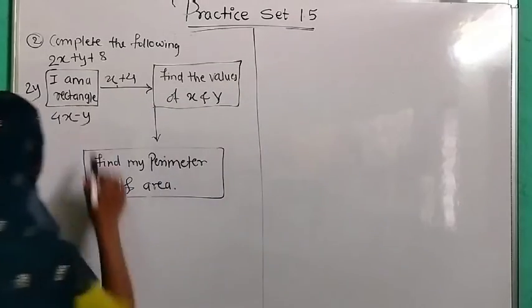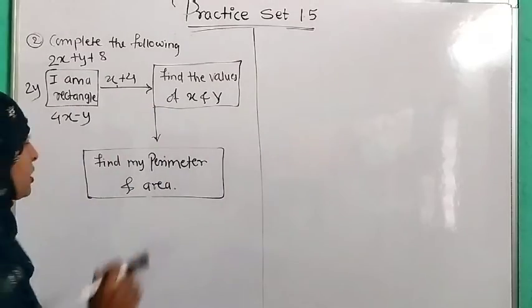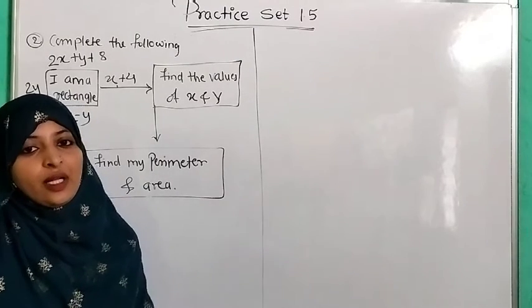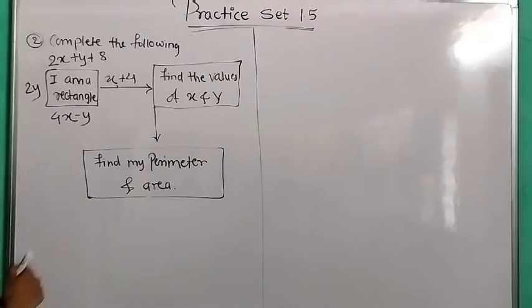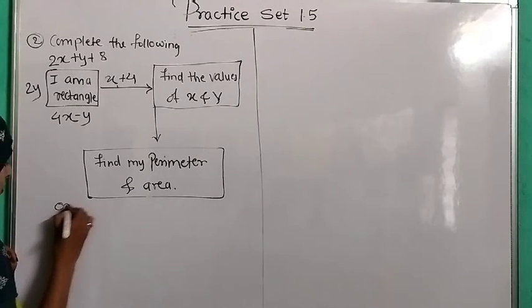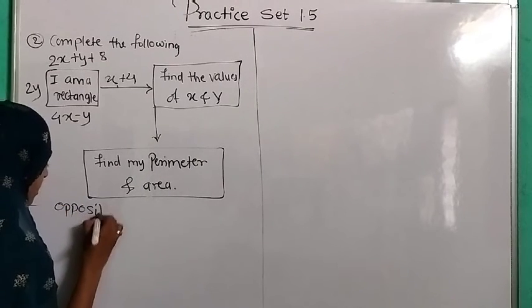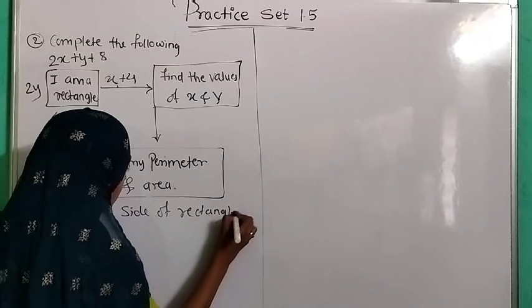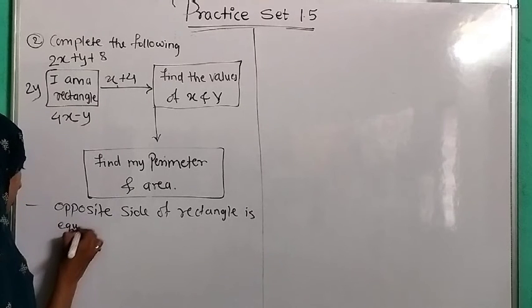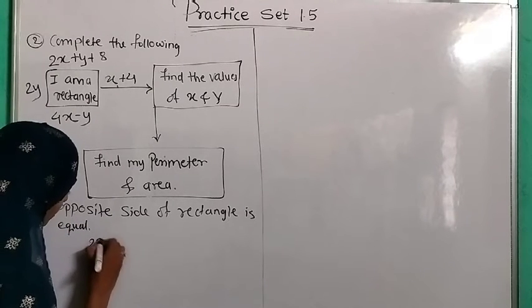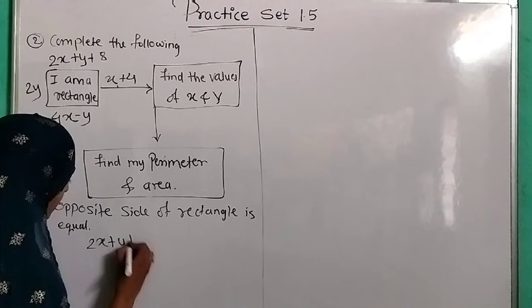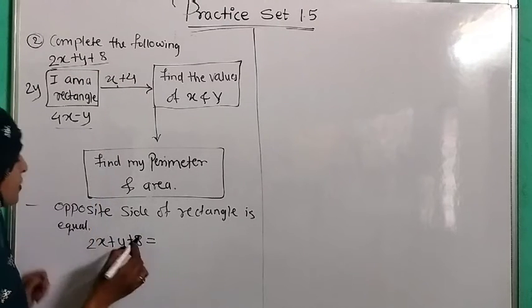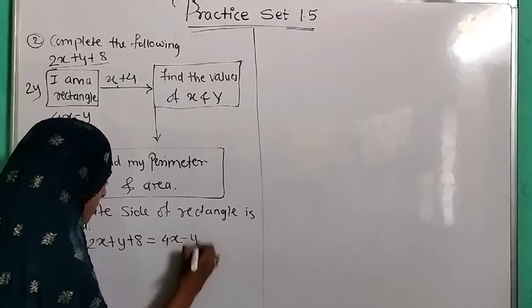Now, it is giving us a hint that I am a rectangle, and we know that the opposite sides of a rectangle are equal to each other. So we can write 2x plus y plus 8 is equal to 4x minus y.